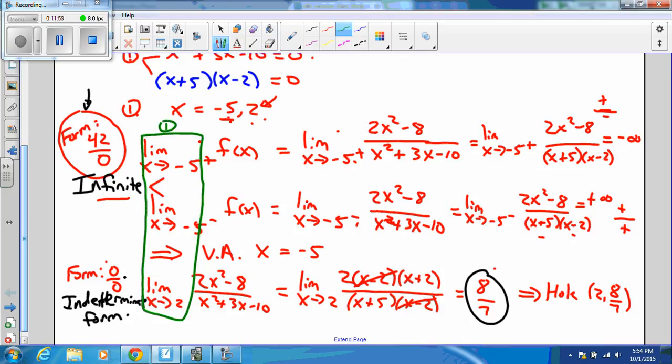And I gave you 1 point for correctly identifying that we had a vertical asymptote here, and 1 point for correctly identifying that we had a hole right there. And I gave 1 point for getting the correct limits here, and the correct limits of negative infinity, positive infinity there. And I believe, yep, that adds up to 7 total points.